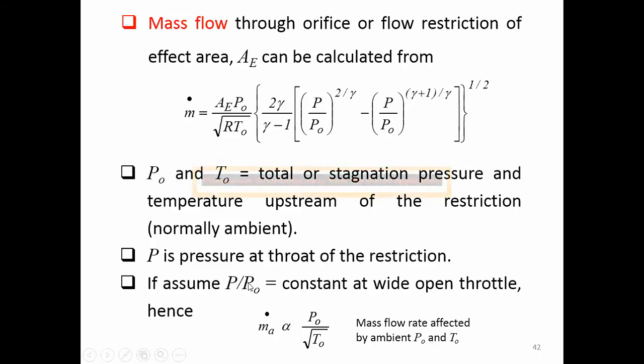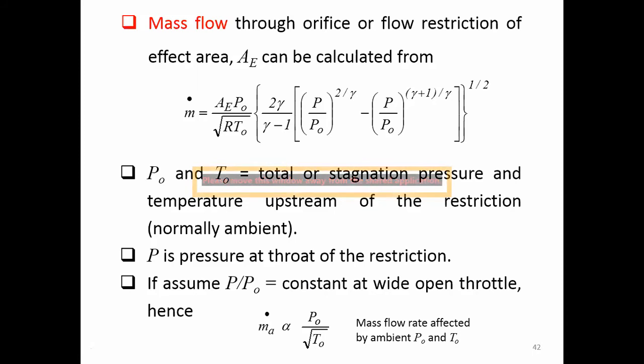And since P over P0 is constant, that means the whole term here is constant. This term is also constant, right? Okay. So what does the mass flow rate now depend on? P0 over the square root of T0, right? We try to keep everything the same, but we still end up with our mass flow rate depending on the ambient conditions.